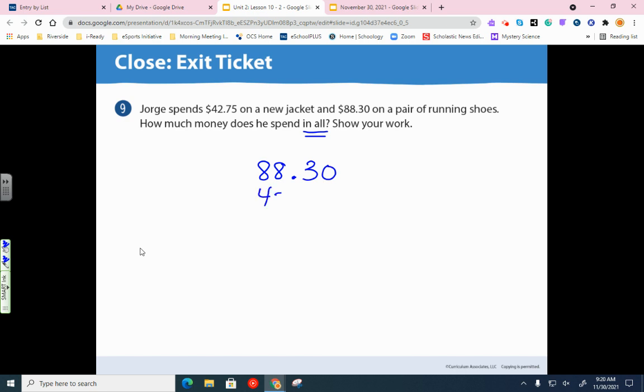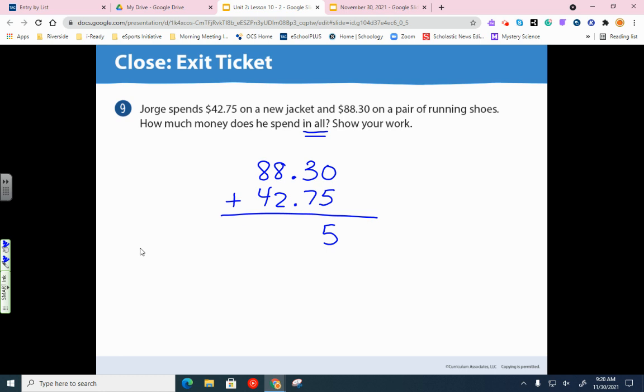88.30 and 42.75. So cash registers and stuff like that in stores, they do this automatically. They're programmed to line up your numbers with the right place values. Same with your calculators or your phones, or if you have a smartwatch that has a calculator feature. Anyway, let's add it up. So let's add up our pennies.